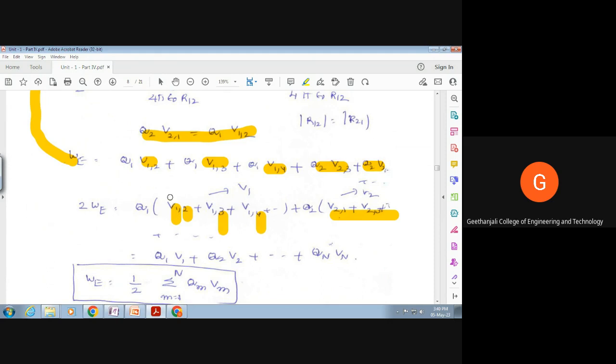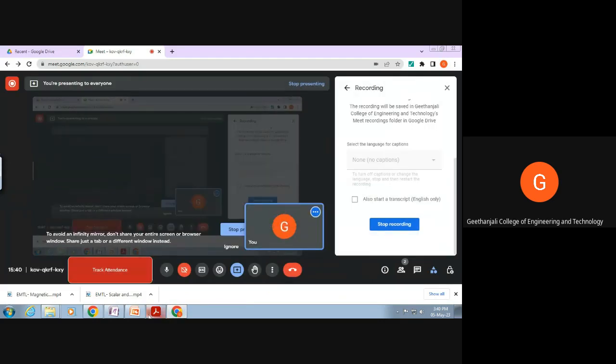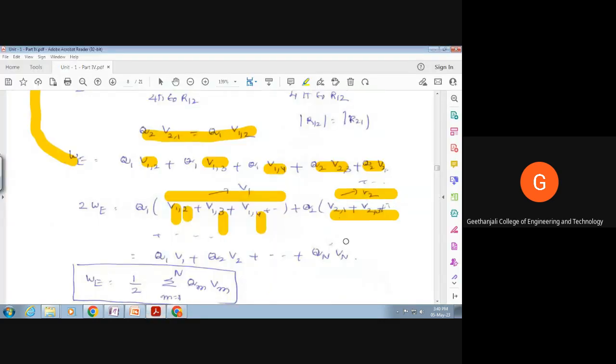So if I represent this as V1, the total potential at point 1 because of the remaining charges Q2, Q3, and so on. This is V2. Capital V2 is the total potential at point 2 because of the remaining charges Q1, Q3, and so on.